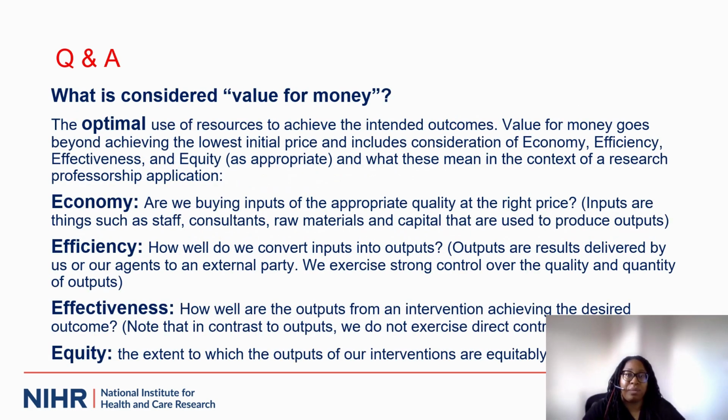So this question is around what we consider value for money within the NIHR, and we consider something's value for money as being the optimal use of resources to achieve the intended outcomes, and it goes beyond achieving the lowest initial price, and we'd ask you to consider things around economy, efficiency, effectiveness and equity where appropriate, and what that means in the context of your Global Research Professorship application.